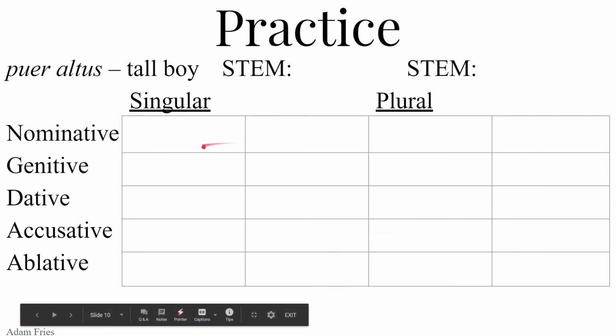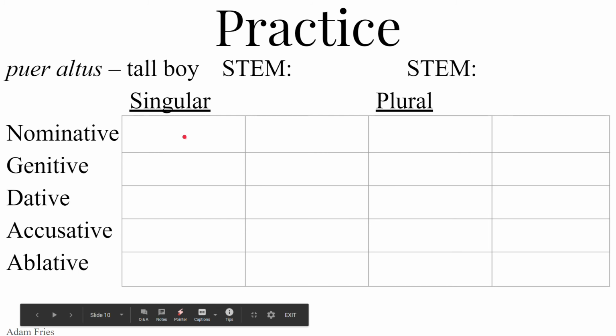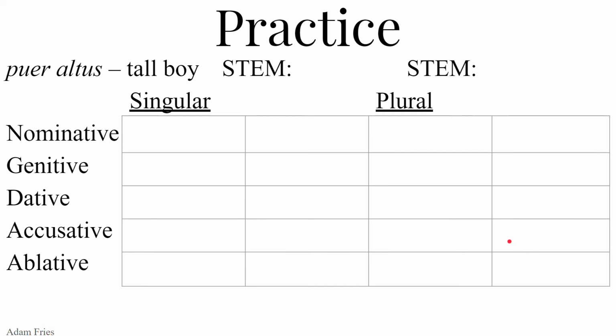But when you put them side by side, it'll be easier to see how they decline together. The goal that you should progress towards is to decline them by case, like this. So the noun and then the adjective, and then the genitive, noun, and then adjective, noun, adjective, noun, adjective. If it's easier to decline the noun first and then decline the adjective, we'll start out doing that. That's okay. But progress, work towards going by case.